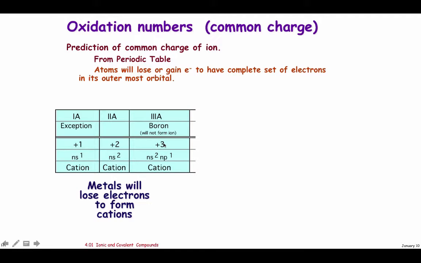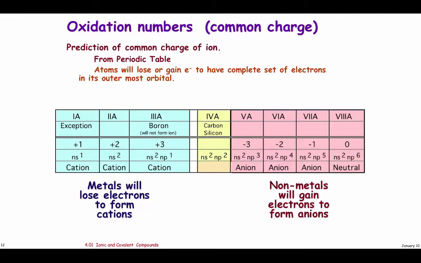Remember, metals, no matter whether they're alkali, alkaline, transition, lanthanide, or actinide, will always be cations because they prefer to give up electrons. Nonmetals, however, will form anions because they don't want to give up electrons, they want to gain electrons. The closest way to the noble gas is gaining electrons.